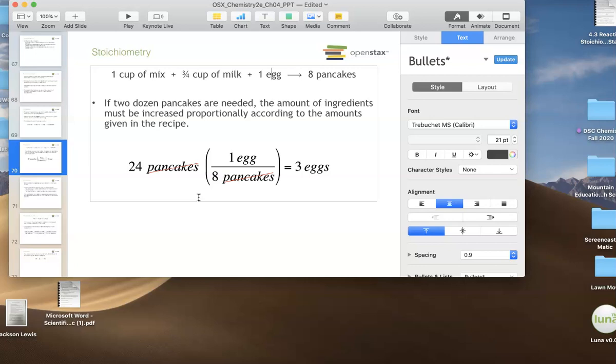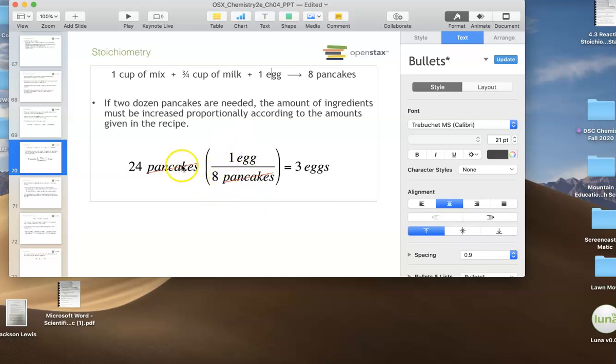So we're starting out with 24 pancakes. We want to use a conversion factor that will convert pancakes to number of eggs. Here I can rewrite this recipe as a conversion factor: for every 1 egg, I can produce 8 pancakes. How did I know to set it up as 1 egg over 8 and not 8 over 1?